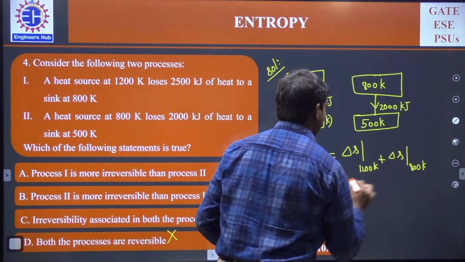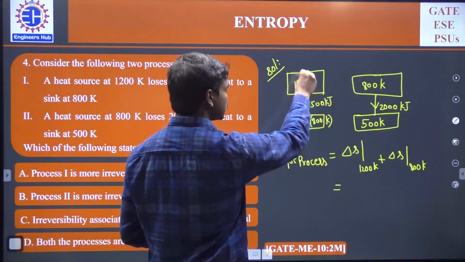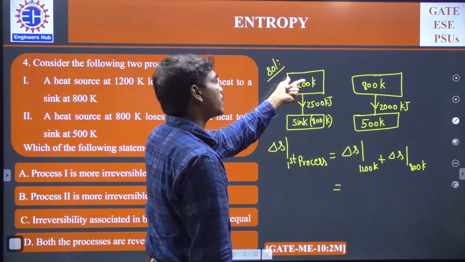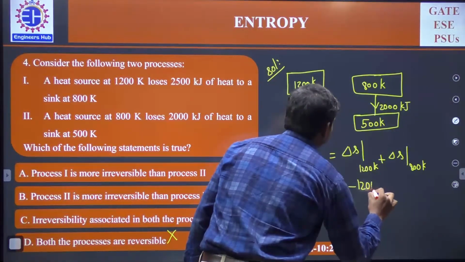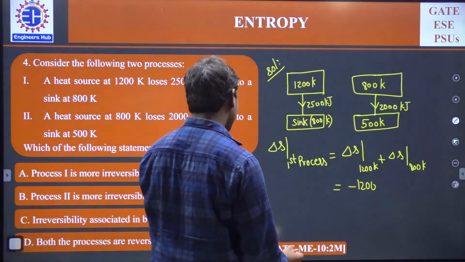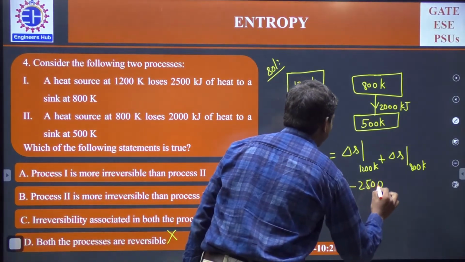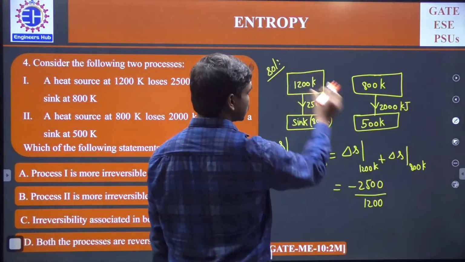Now, for the 1200 Kelvin body, 2500 kilojoules of heat is coming out of this system. If heat is coming out, it is heat rejection by this 1200 body, so entropy decreases. So minus 2500 divided by 1200, because 2500 is the heat transferred, and these are sources whose temperature remains constant.